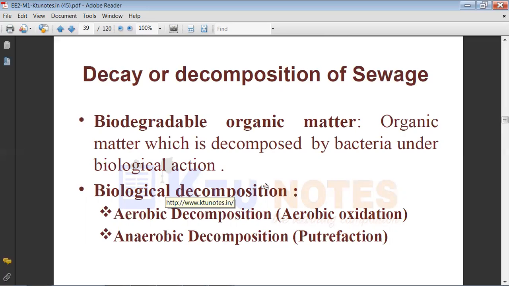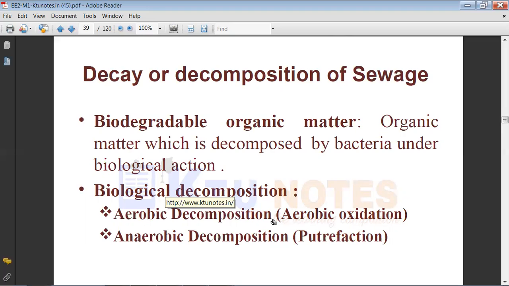Then what is the biological decomposition? In this secondary treatment process, we have two types of biological decomposition: the aerobic decomposition process and the anaerobic decomposition process.